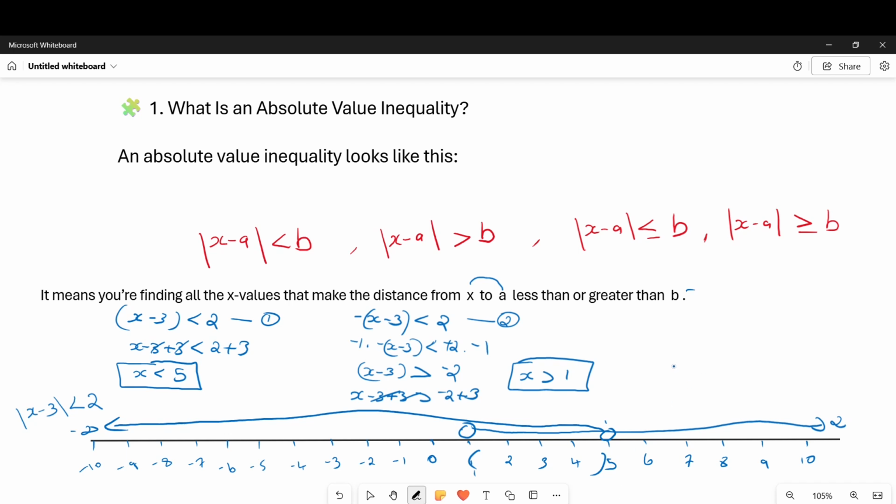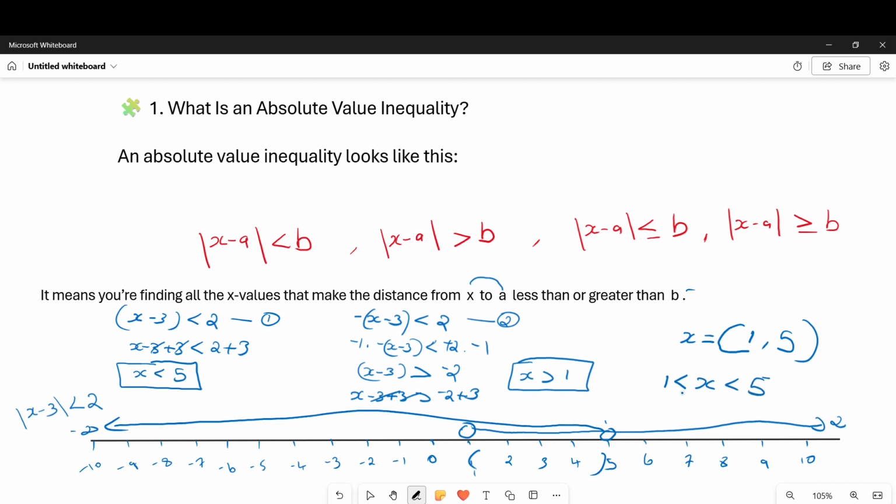So the possible values of x: x is in the interval, in interval notation, open brackets because 1 and 5 are not included. So (1, 5), both 1 and 5 are not included. Making this into an inequality, we will say 1 less than x less than 5.